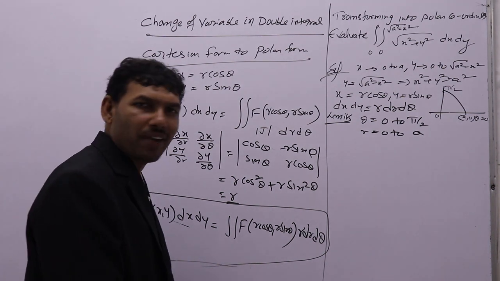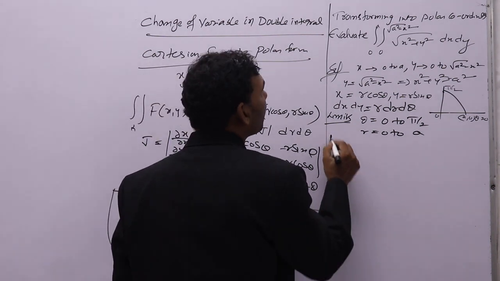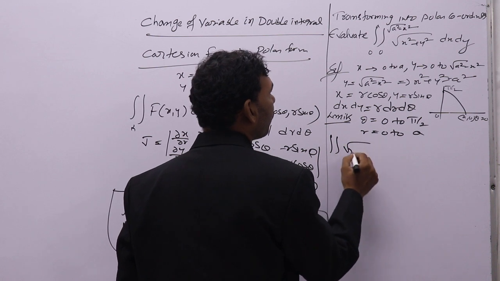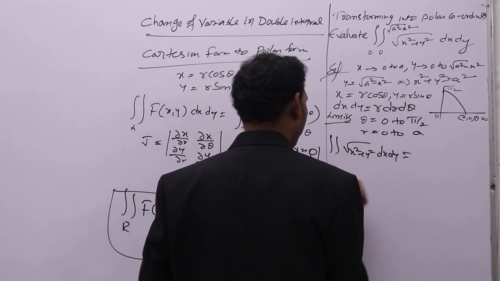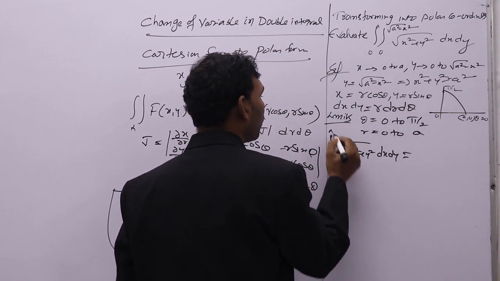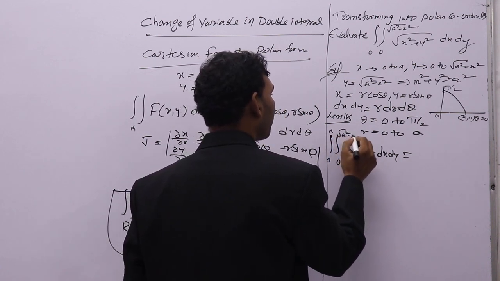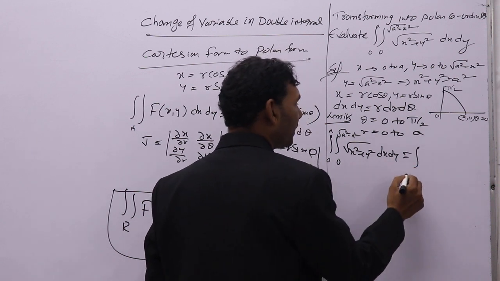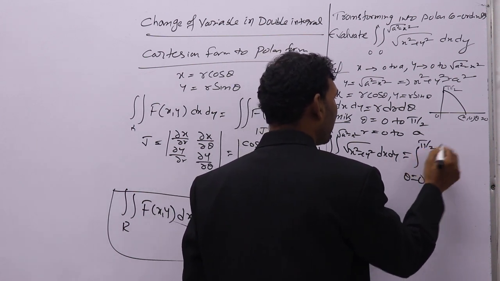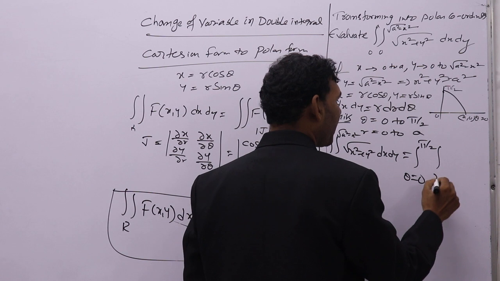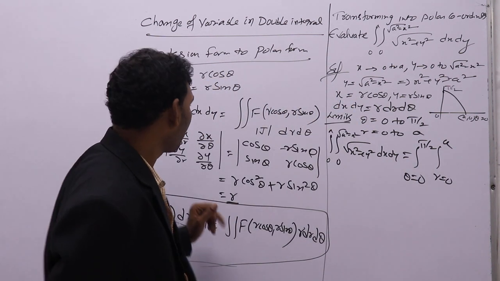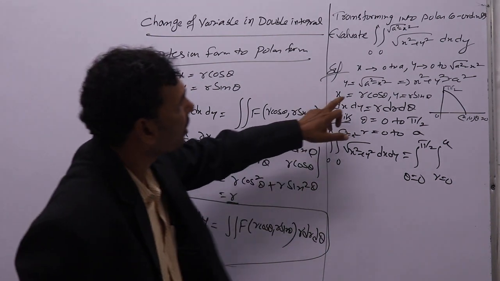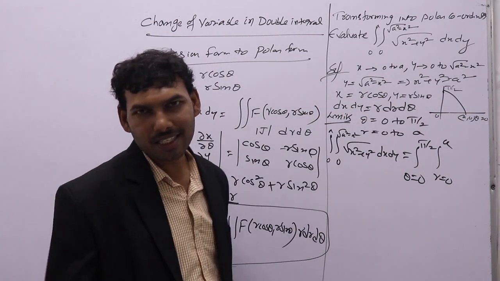Now we are going to evaluate this: double integral of root of x square plus y square dx dy, with theta equal to 0 to pi by 2 and r equal to 0 to a. We already evaluated x is r cos theta, y is r sin theta.